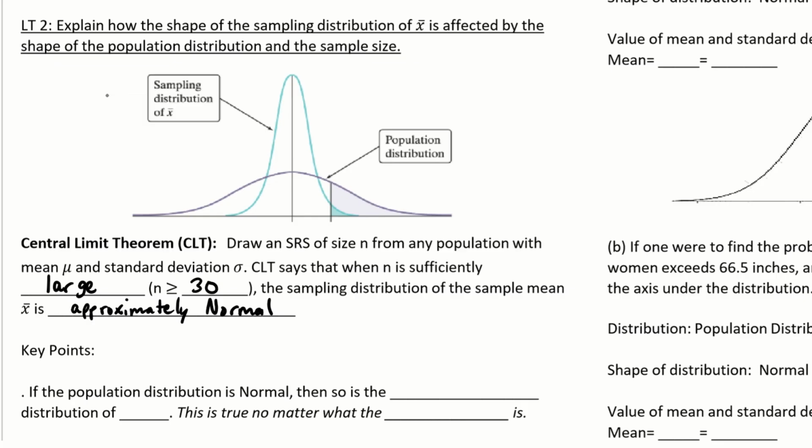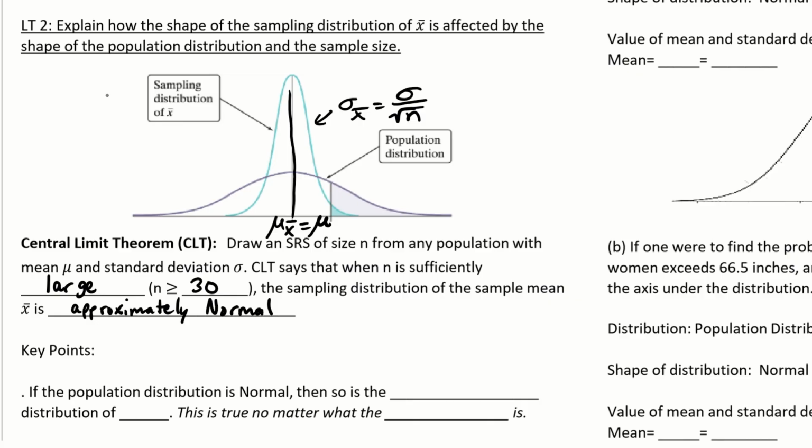That's because of the fact that sigma x bar is equal to sigma over square root of n, if you recall. And so if I have a sample size, then it's going to decrease the variability. So that's why. But the mean of them is the same. Notice that the mean of both distributions is the same, and the mean is just mu.